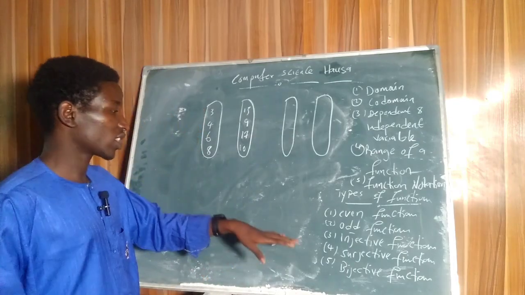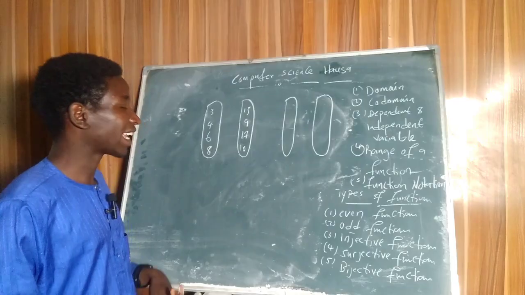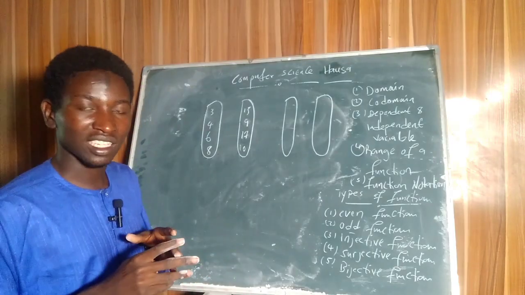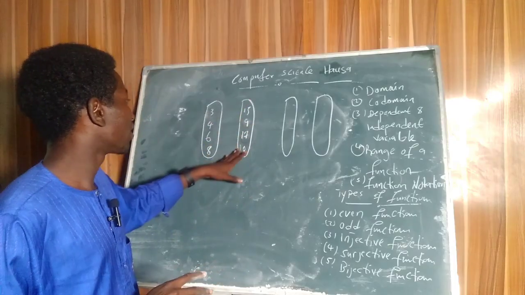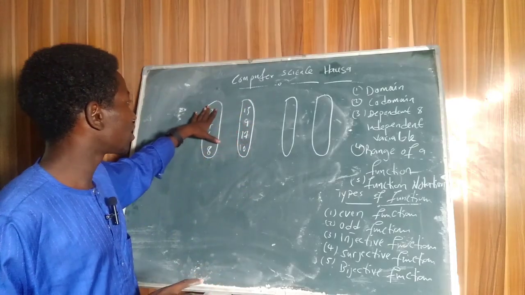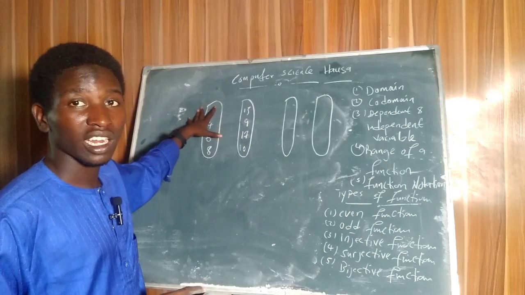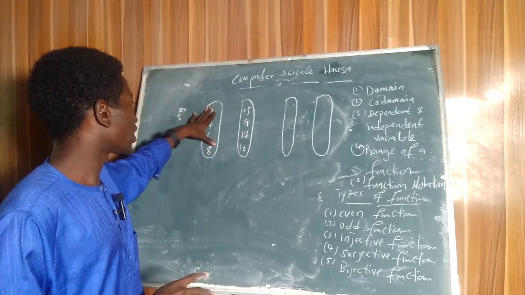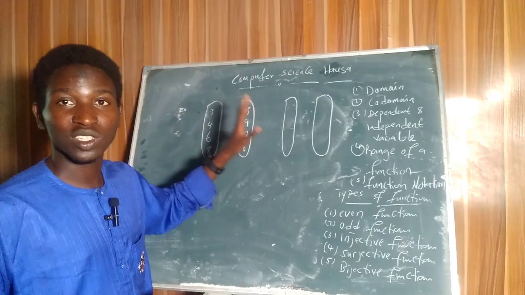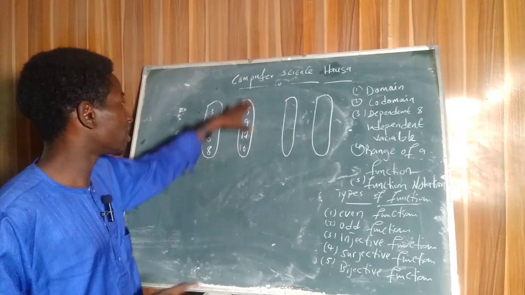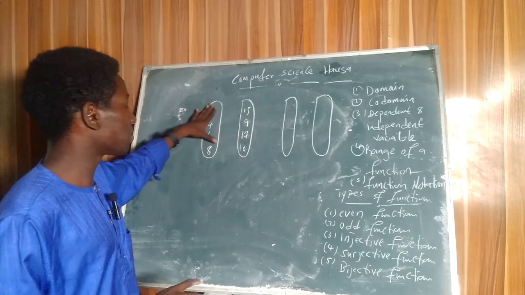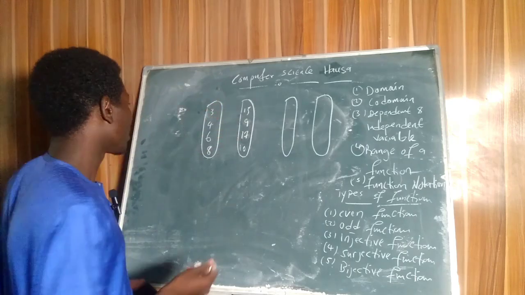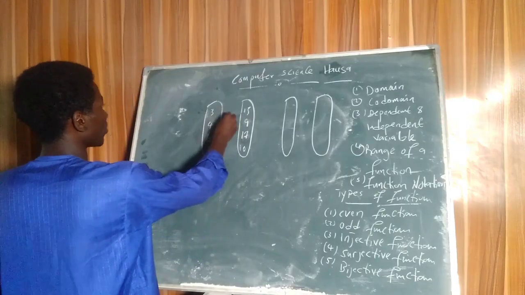So idan aka ce subjective function ana magana, shi kuma idan at least kowane element daga cikin codomain yana da image, yana da yayi mapping da wani element daga cikin domain, so wannan abun is subjective. At least kowane image a nan gurin yana da element da ya mapping daga wannan, ba sai ya zama distinct ba, kun gane ai.